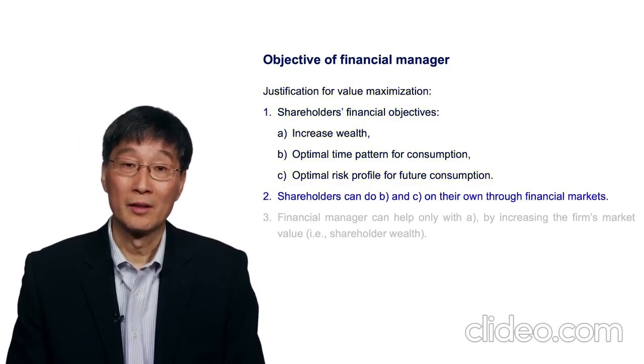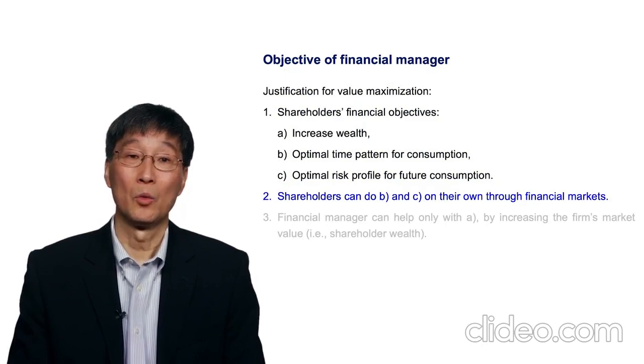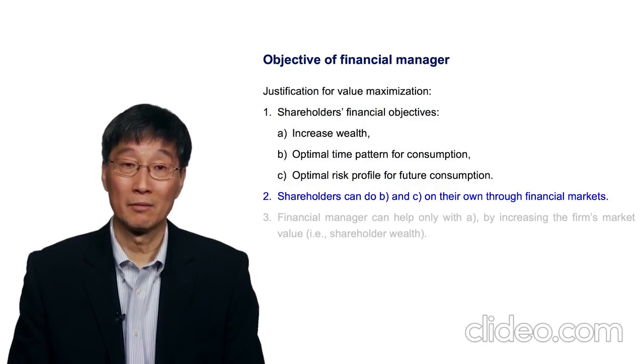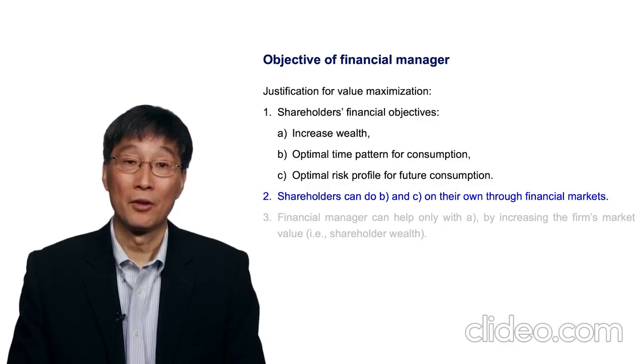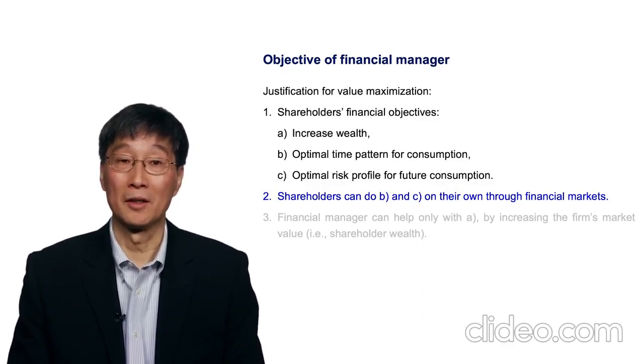It is important to realize that with a well-functioning financial market, households can achieve Objective B and C through their own transactions in the market.